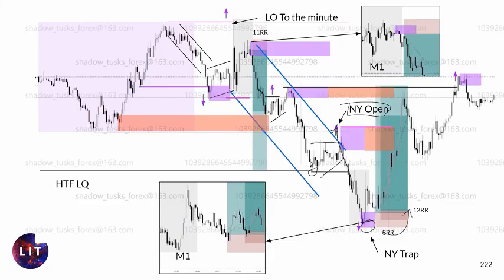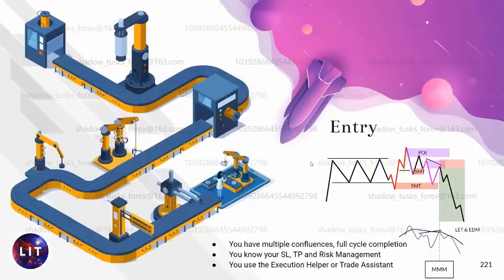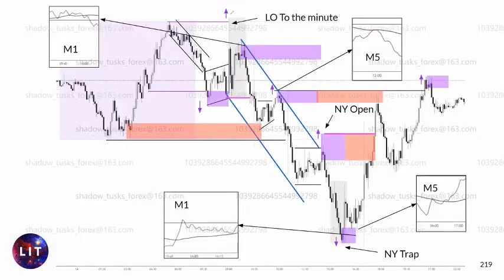So let's have a little look at the entries themselves. So first off, we identify that we have had an inducement high with vector candles at New York trap timing. Then we also, sorry, at London open timing. So we know that we should be trading away from this.